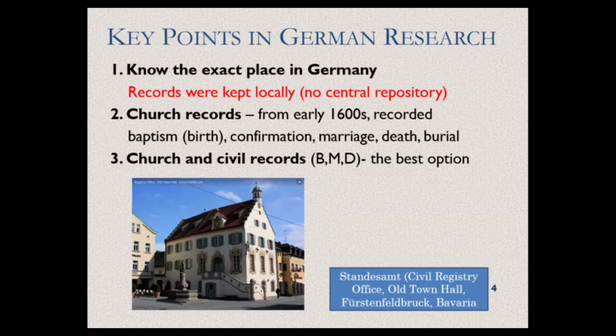If they came earlier, before civil records started, you need to go through church records, and those are kept locally. That means you need to find the place your ancestor came from. You need to find that village, and usually every immigrant ancestor left some trace of where they came from.